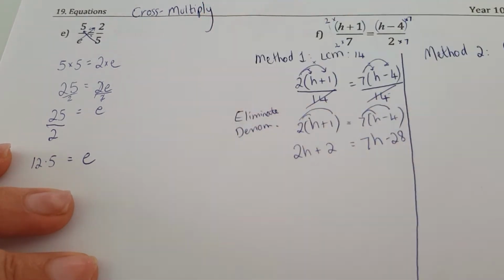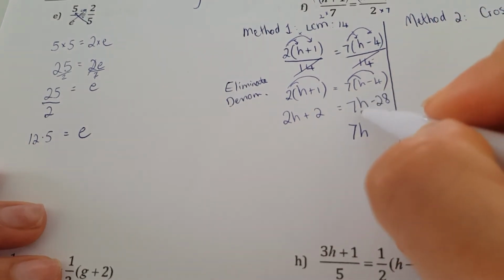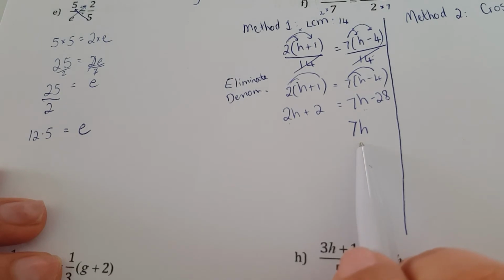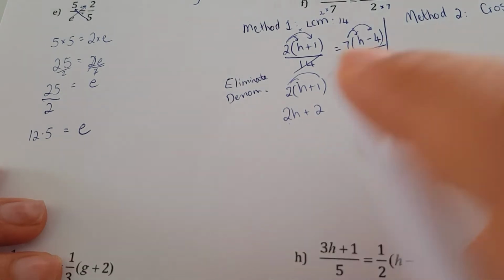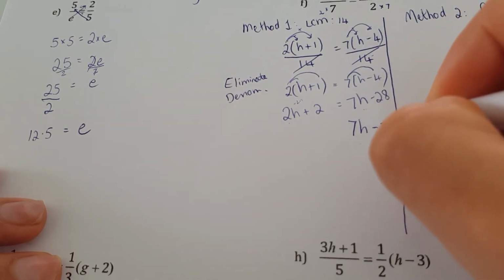From here, the method is always the same. So I have 7h. I prefer 7h, not 2h. So I'm going to place the h's on this side, 7h. To remove the 2h from there, you need to subtract 2h. So subtract 2h over here as well.